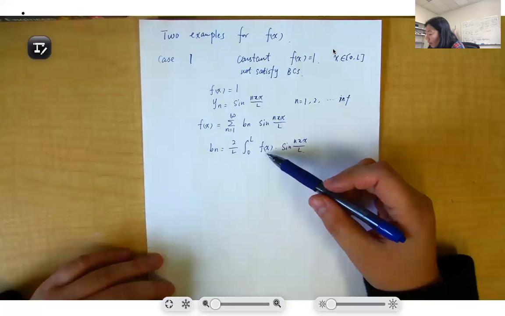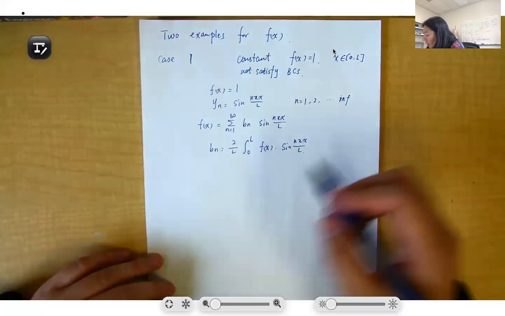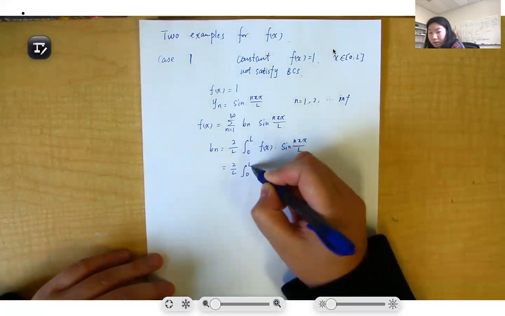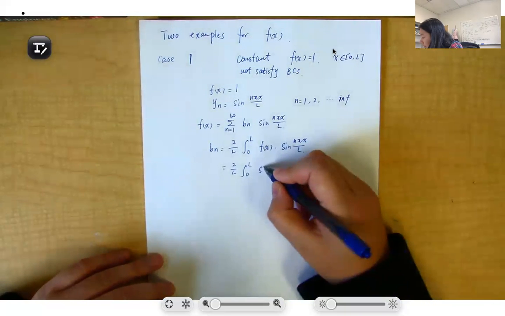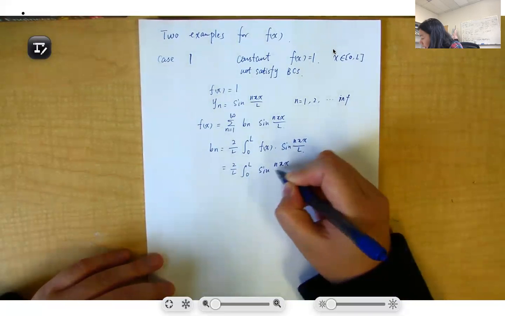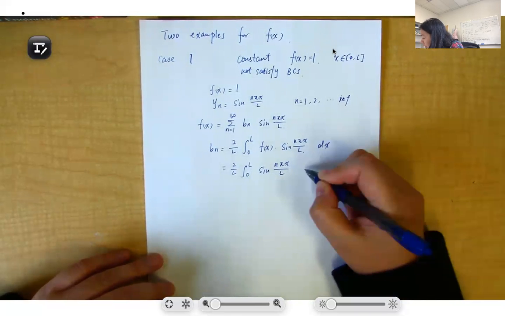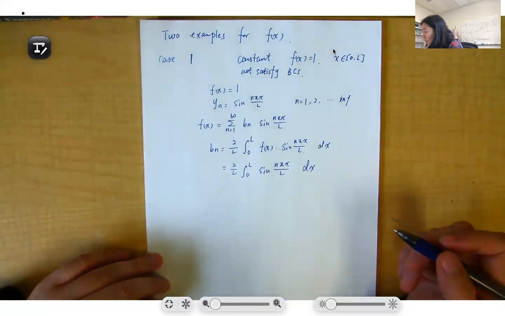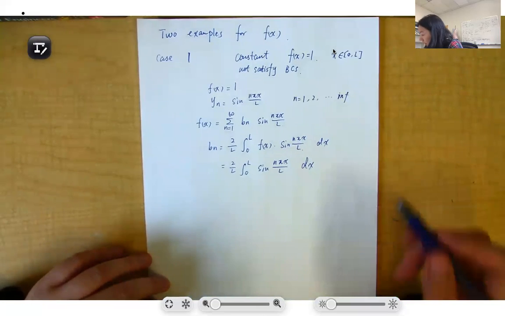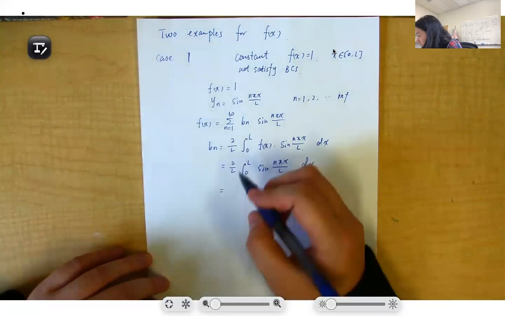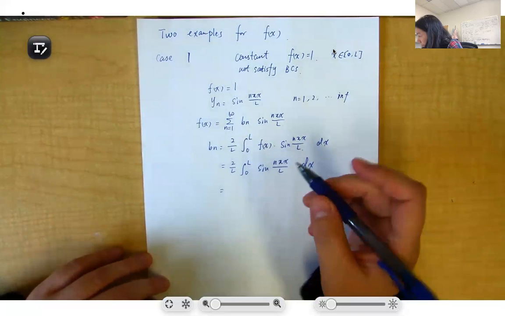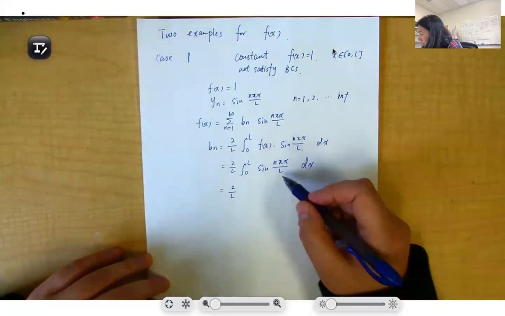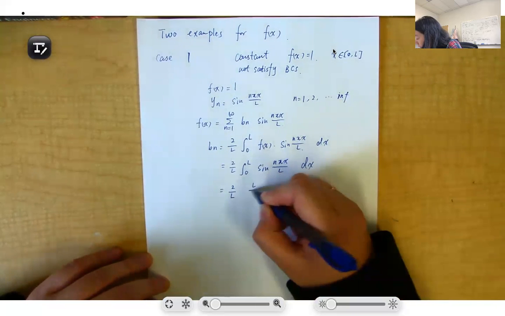And when my fx equals to 1, this equation becomes 2 over L, the integral from 0 to L of sine n pi x over L, integral over dx. Then we can get our integral, which is 2 over L times L over n pi.